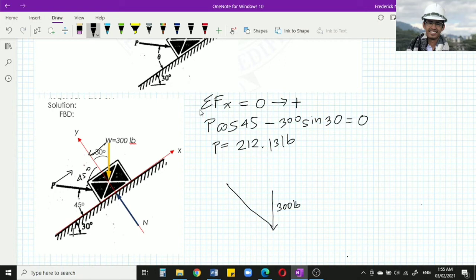We can make a triangle. Okay? So ito yung normal force natin. And we have the force P. So yung angle natin dito sa ating 300 pounds and yung sa ating normal force will be, so kapag diniretso natin tong normal force, so dito rin yung kanyang line of action.